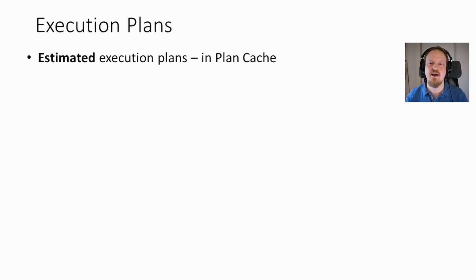We have estimated execution plans in the plan cache. So SQL has memory and a lot of caches, more than 80, 90, depending on version, and one of the caches is the plan cache, where all execution plans are held. And these execution plans are so-called estimated execution plans. They are created even before the query is executed, before it starts to run.